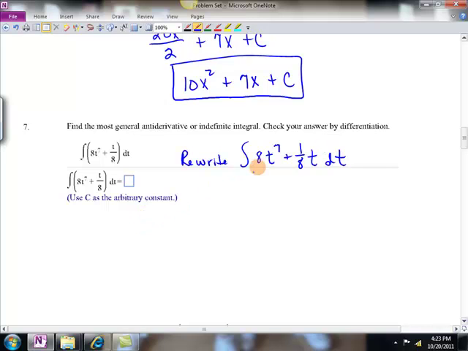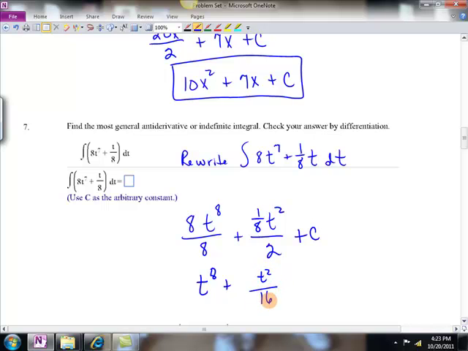So when we take the integral, we have 8t to the 8th over 8 plus 1/8, we'll do that on top, 1/8 t squared over 2 plus c. So reducing, we got t to the 8th plus 1/8 divided by 2 is the same as 1 over 16. So we've got t squared over 16 plus c. I think it will let you put it like that. If not, it might want 1/16 t squared.